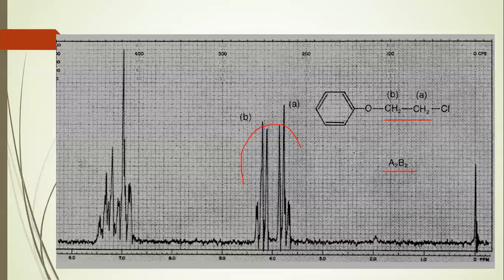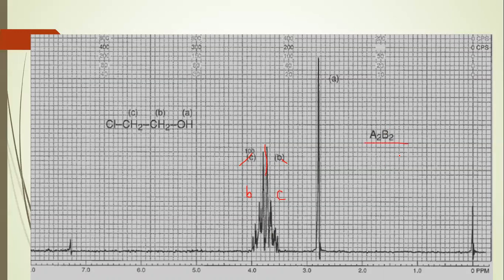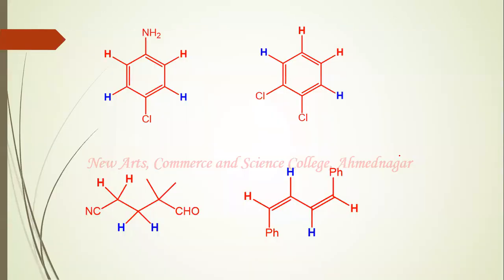In the last example also A2B2 was there. This example also has A2B2, but still the appearances of the two A2B2 spin systems are not the same. So look at this. What is the reason? Make out the reason why the signals have large distortion.